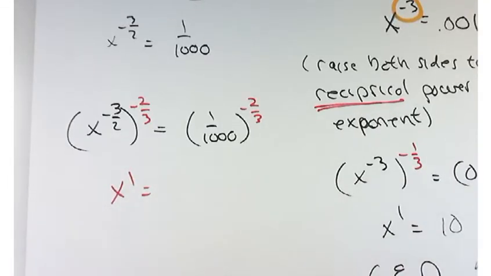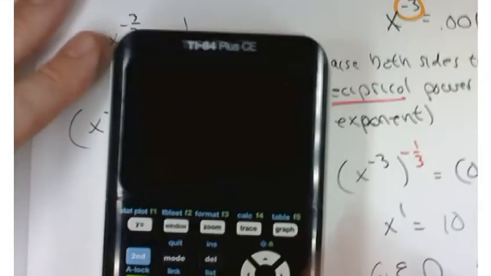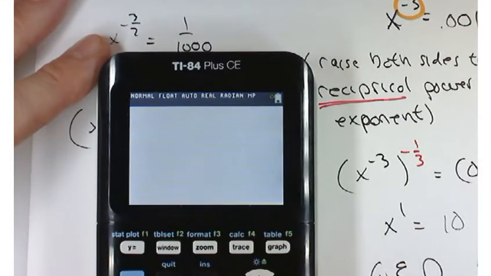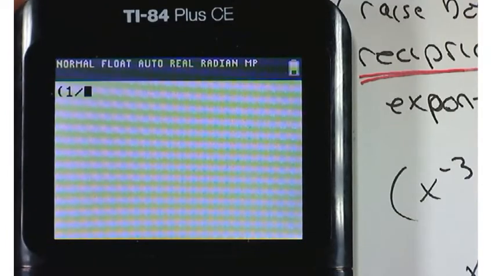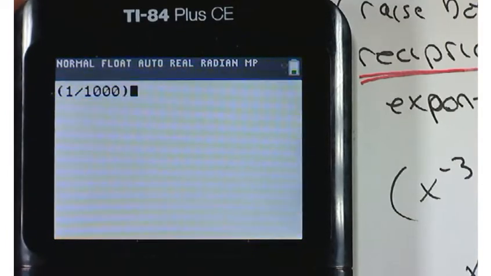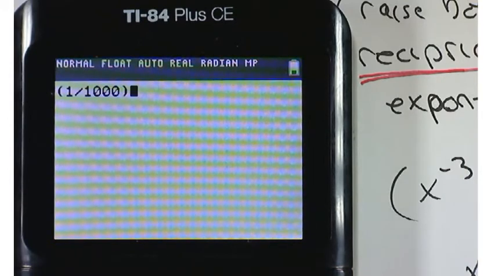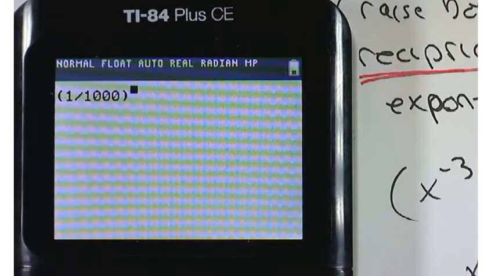And then on the right-hand side, I'm going to do this on my calculator. Now, the one place you can go wrong is if you're trying to enter a fraction and work with it, and you don't use parentheses. So I need parentheses around that 1/1000th raised to the negative 2 divided by 3 power. Bam.